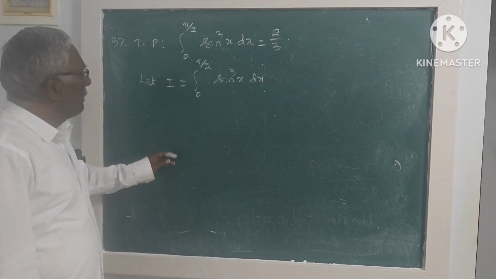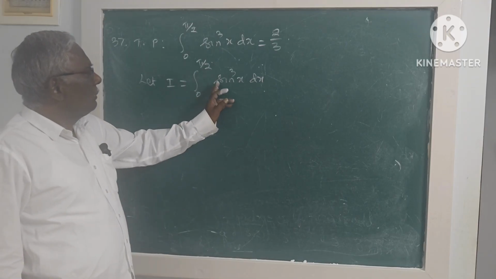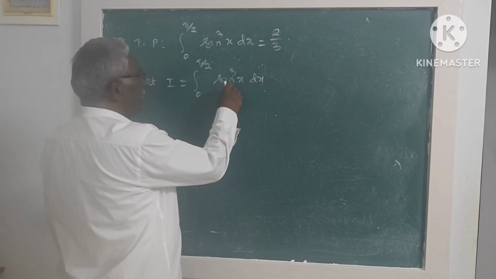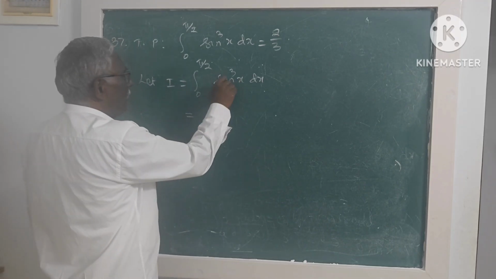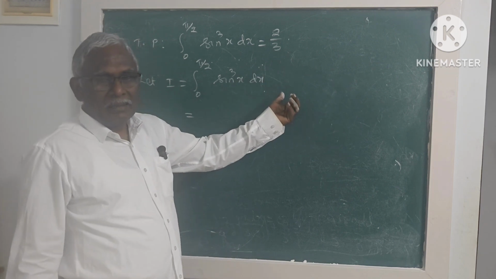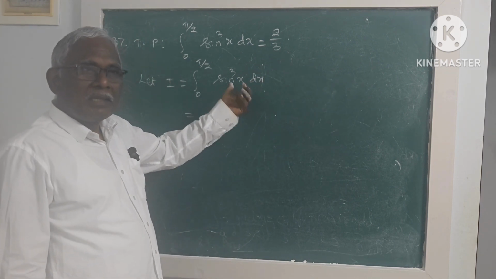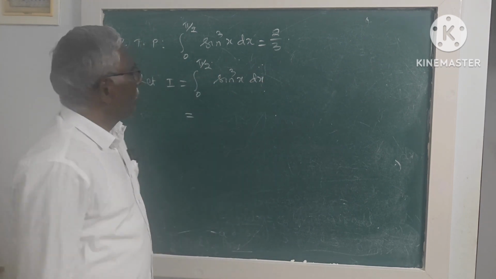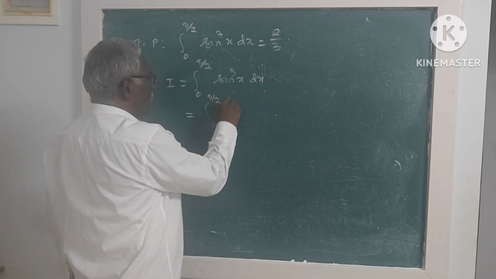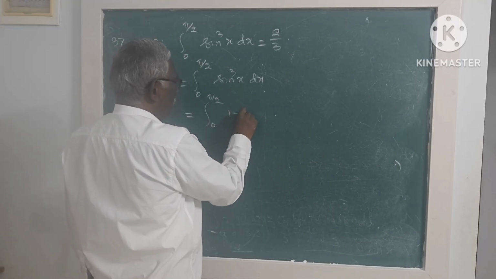So in this integral, let I is equal to integral 0 to pi by 2 sine cube x dx. So here we can write sine cube x as sine square x into sine x. Sine square x we can write in terms of cos x, that is, 1 minus cos square x.